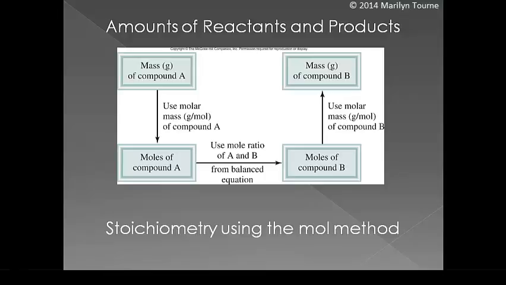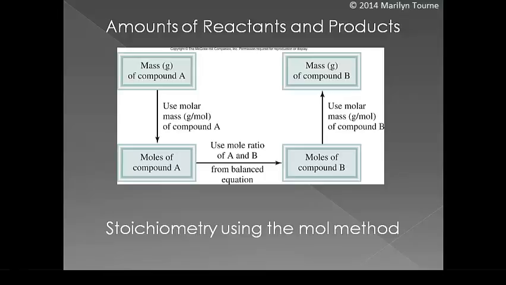Okay, and this is called stoichiometry. Stoichiometry is basically the quantitative study of reactants and products in a chemical reaction. And we're going to do stoichiometry using the mole method, which is great because we already know how to work with moles. So, for example, you would start out with a balanced chemical equation, which we know how to balance now, and you would convert everybody into moles.